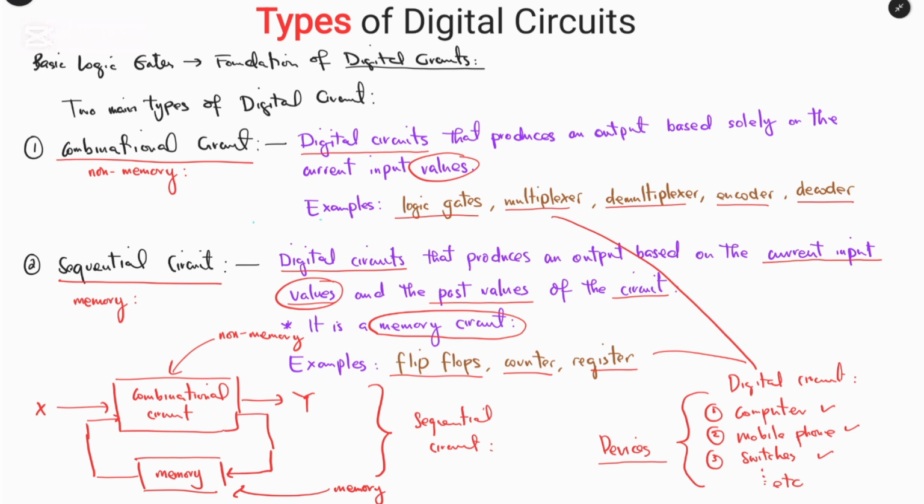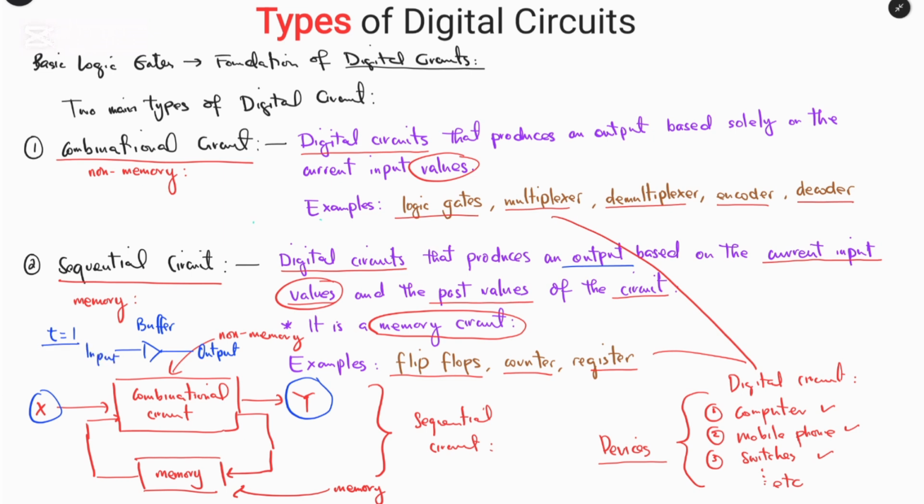Now, the output of the sequential circuit, which is Y, depends on the current input, which is x, and the past values of the circuit. Let's say at t equals 1 we pass an input, and the combinational circuit is made of a buffer. We all know that a buffer's output is equivalent to its input.